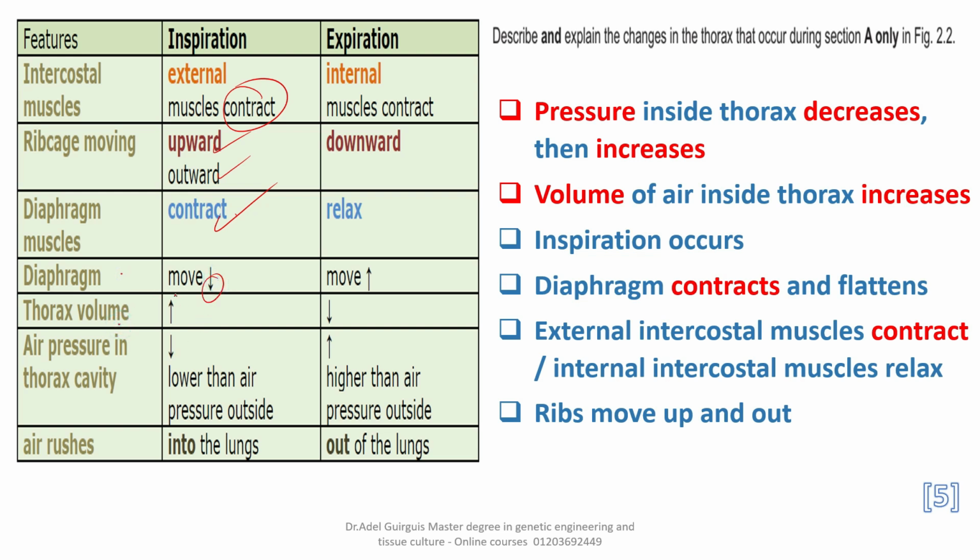Thorax volume increases, so air pressure decreases below the atmospheric air outside. So air rushes into the lungs. This is during inspiration. The opposite is correct for expiration.